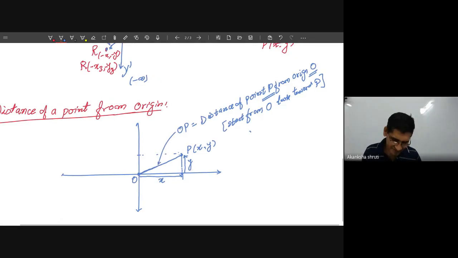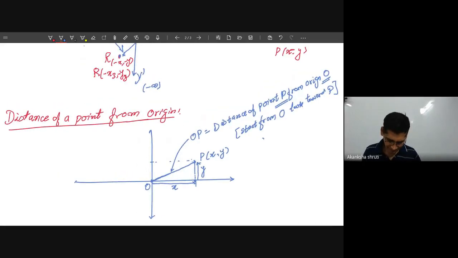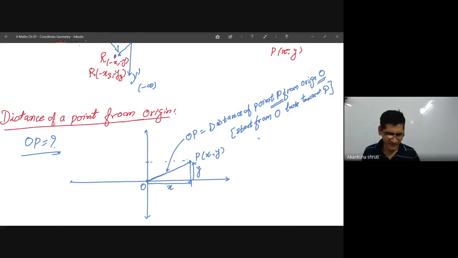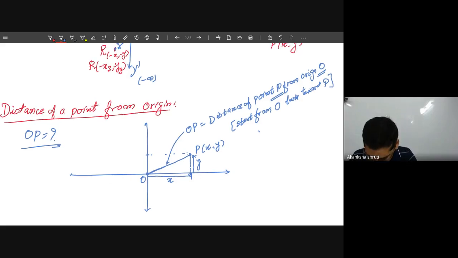What is this length? Student, it is just applying your basic concepts of Pythagoras theorem. Here, for reaching from O to P, while looking straight, it is directly OP.